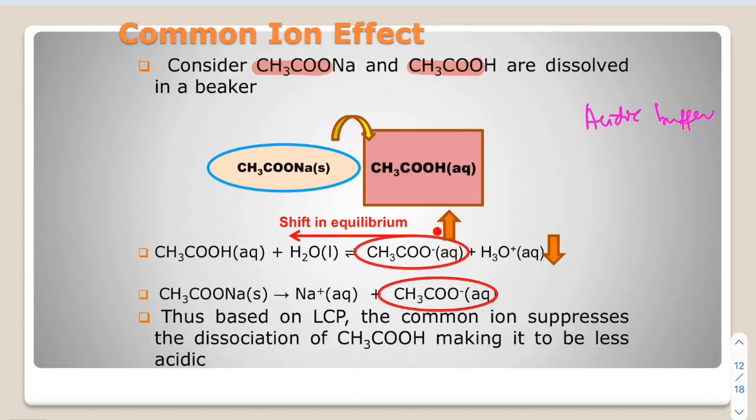When the acetate concentration increases, the system will shift to the left to consume the extra acetate ion. Therefore, the system will produce more acetic acid, so that it is less acidic because the H3O+ concentration will also decrease when the system shifts to the left.